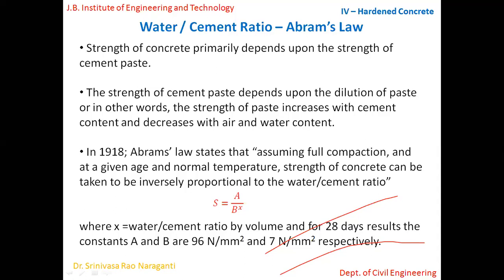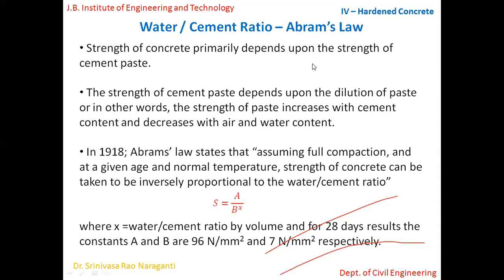Abrams' law says that, assuming full compaction, in the sense that you're not talking about partial compaction, and at a given age, because again, guys, concrete strength increases with age. That means you cast a concrete today, and the strength you check after 7 days will be different from the strength you get after 28 days.